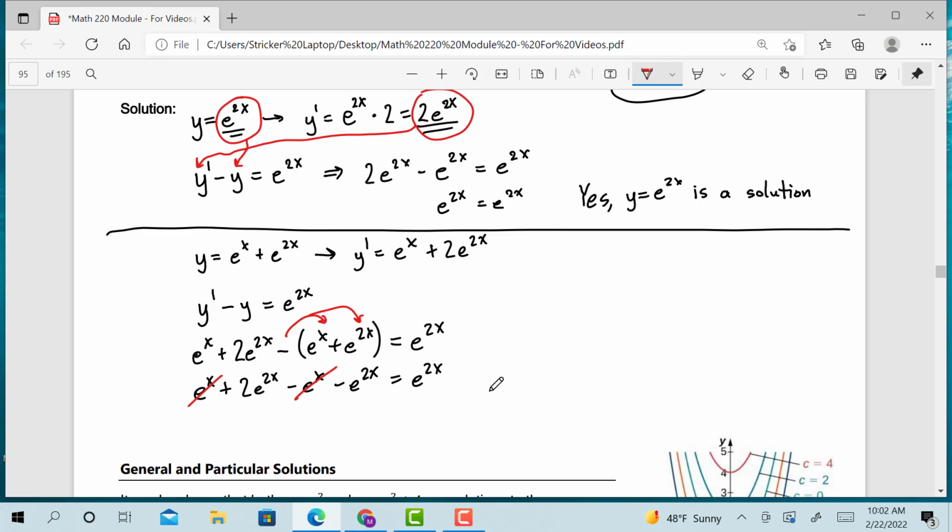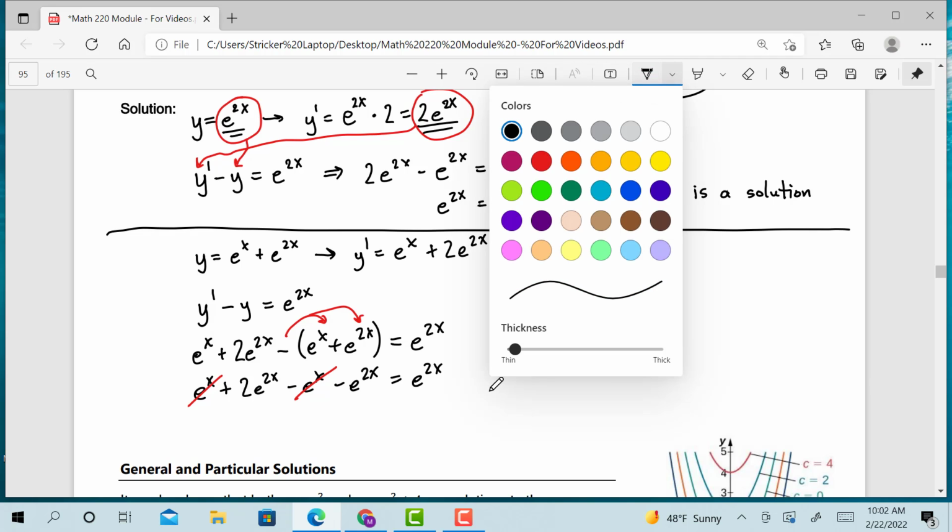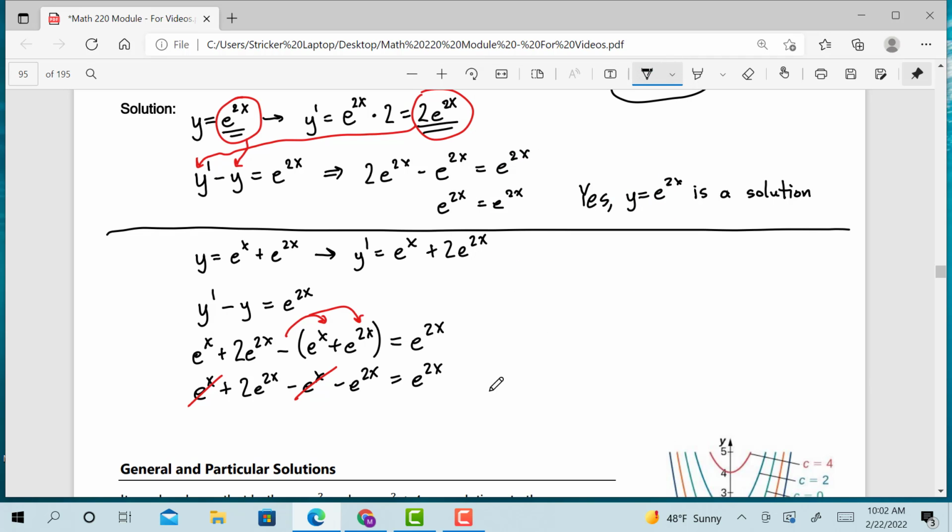And then we're just left with 2e to the 2x minus e to the 2x, which, like we saw in the first part of this example, simplifies to e to the 2x. So we do end up with a true statement. So once again, we can say yes, y equals e to the x plus e to the 2x is a solution.